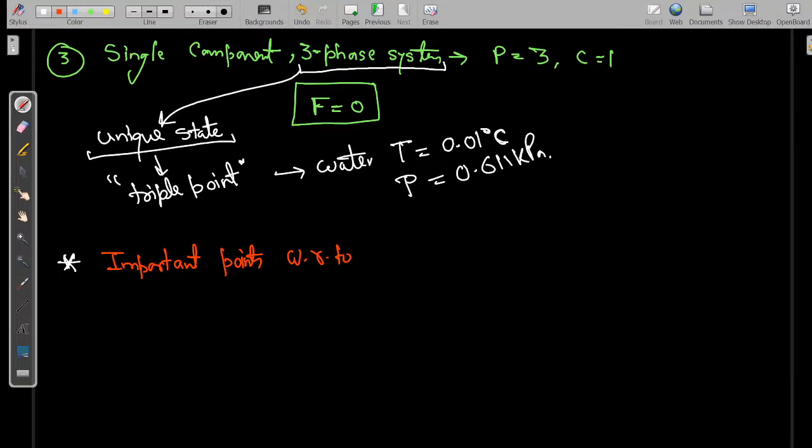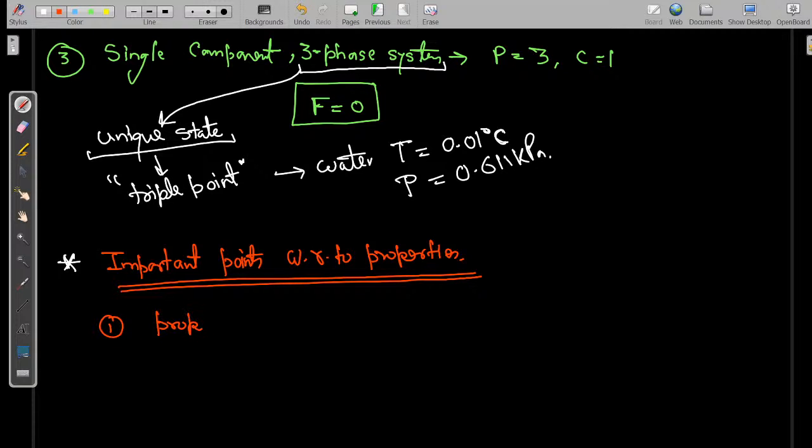First one, we all know that properties are point function. Now, what do you mean by point function? Point function means it depends only on the initial and final conditions. It does not depend on how that process has been done.